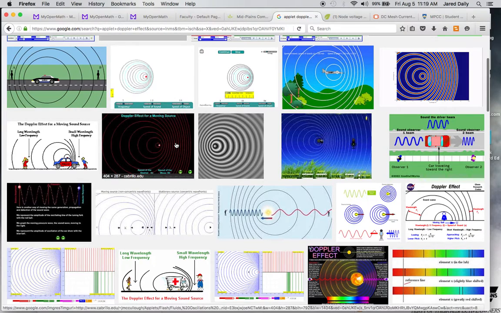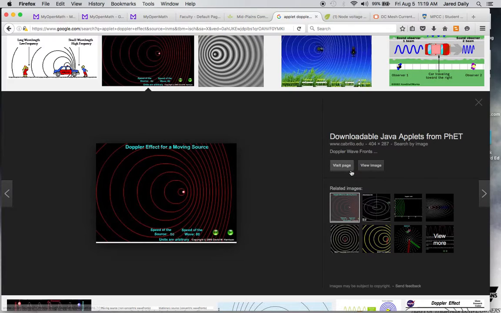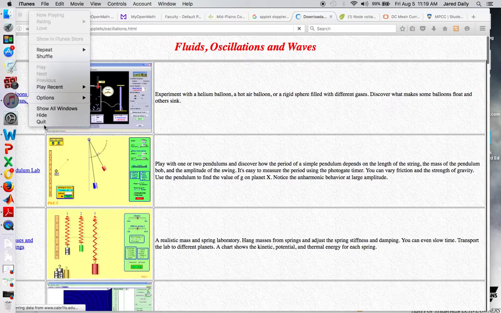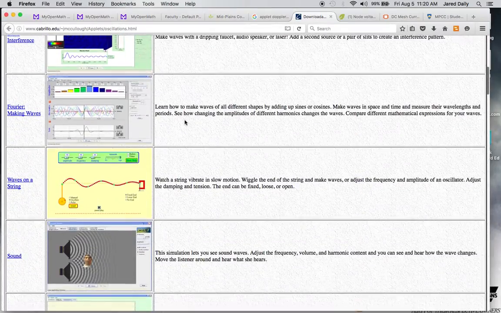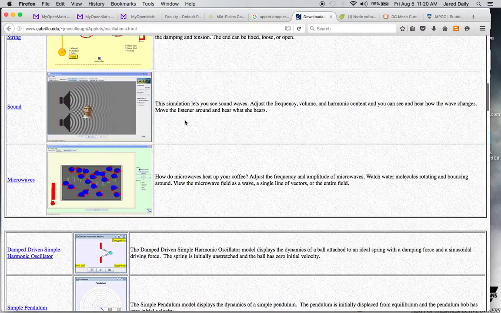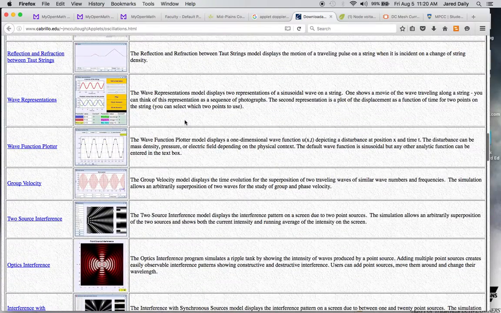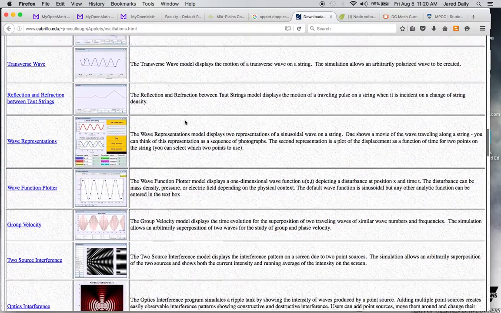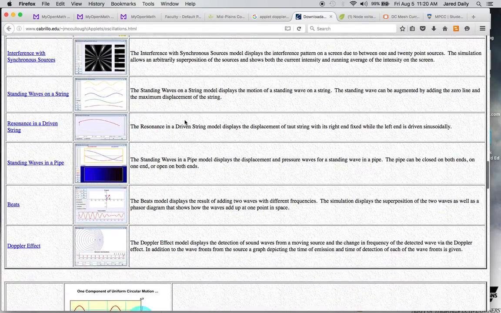I can't remember. Let's try this one. Let's see if these work for us. Okay, so here is the Doppler effect. Where is the Doppler effect? Here we go. We're getting close here. There it is.